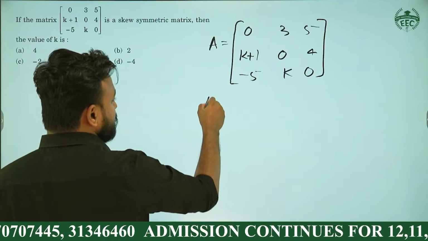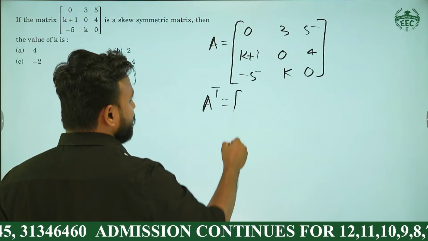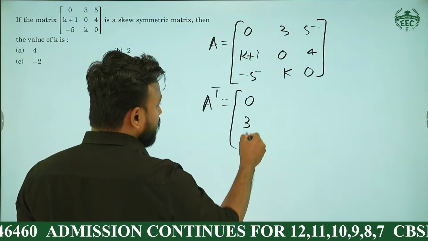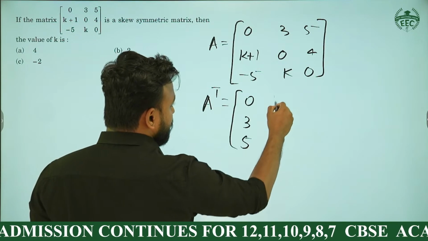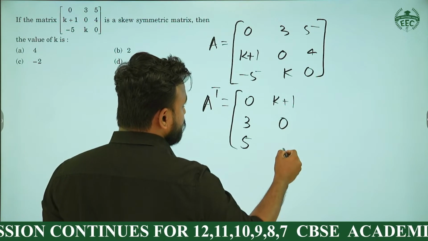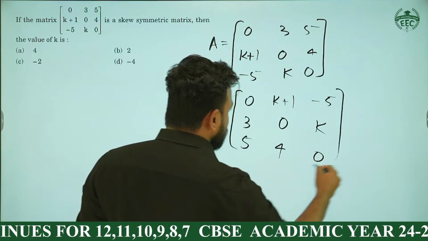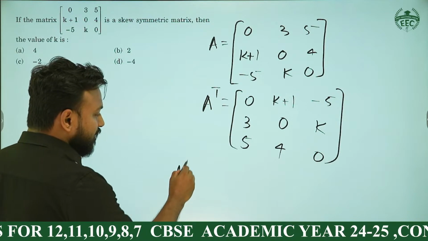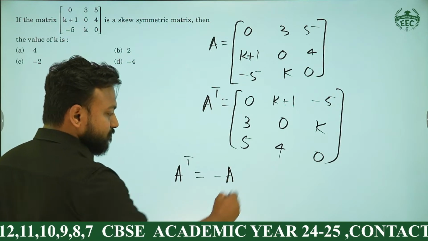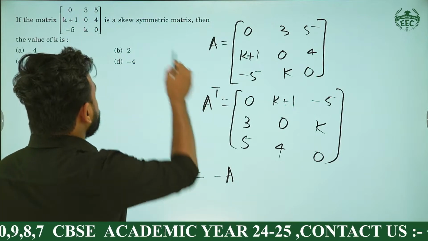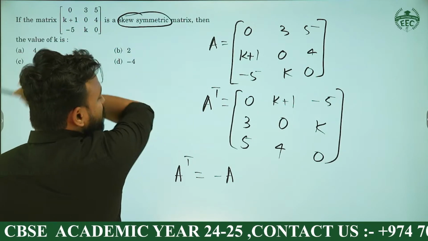And the transpose of this matrix will be what? [0, 3, 5; K plus 1, 0, 4; minus 5, K, 0]. Then they said A transpose is equal to negative A. That's what they mean by skew symmetric.